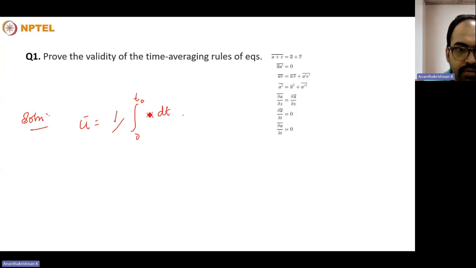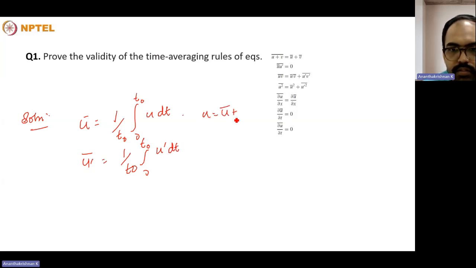You average the velocity over time and divide by the total time, T0 minus 0. So that is U bar. Similarly, U dash bar is equal to 1 by T0 times the integral from 0 to T0 of U dash dt, where U is equal to U bar plus U dash. Similarly, V will be equal to V bar plus V dash.